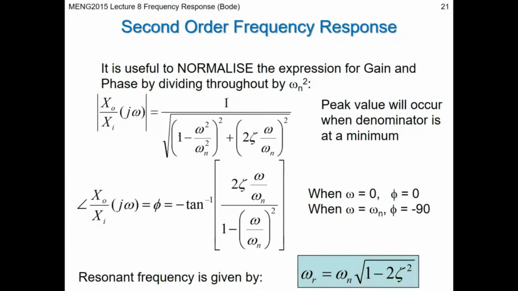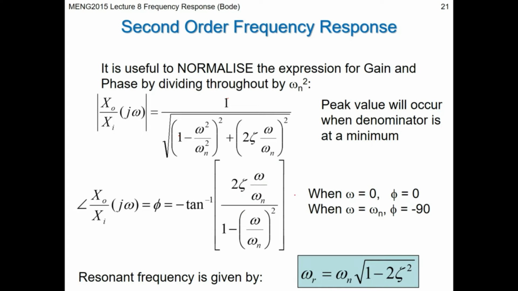for the magnitude. In terms of the phase, when we've normalized, you can see the imaginary part of the denominator divided by the real part of the denominator looks like this.